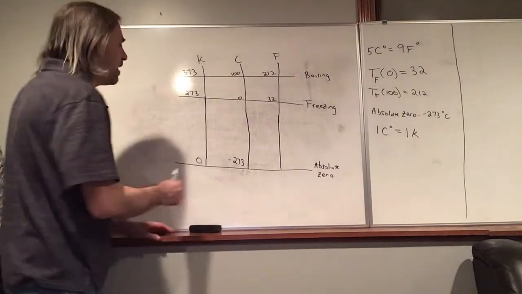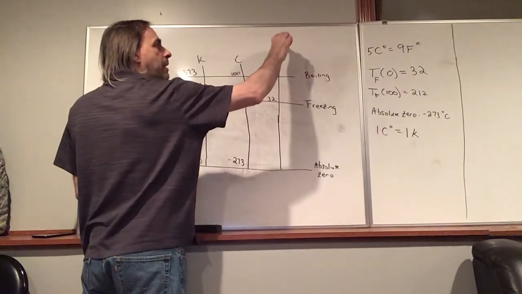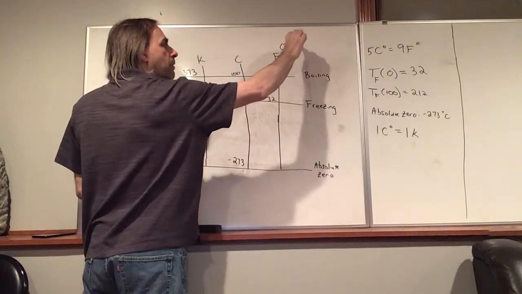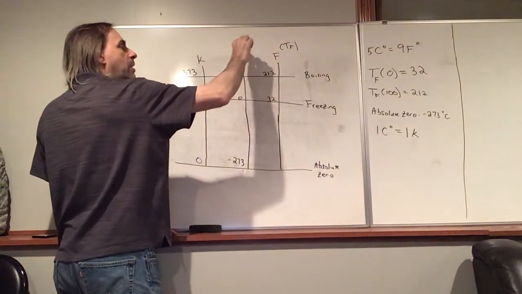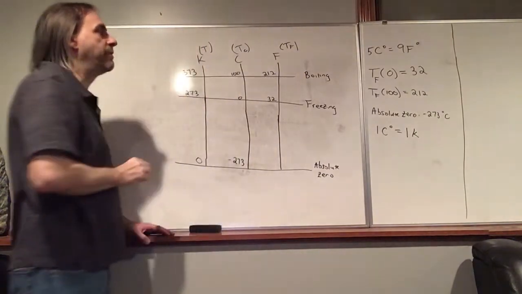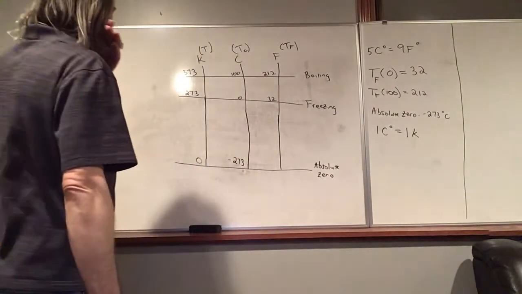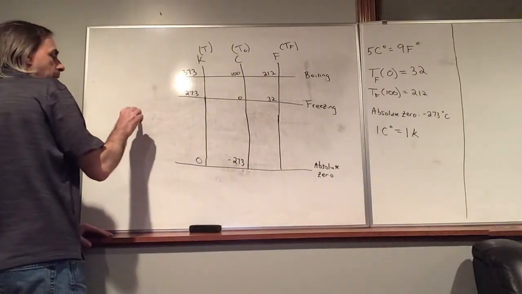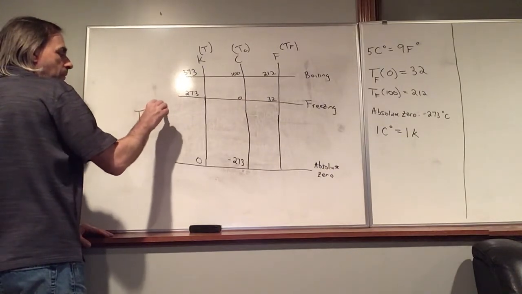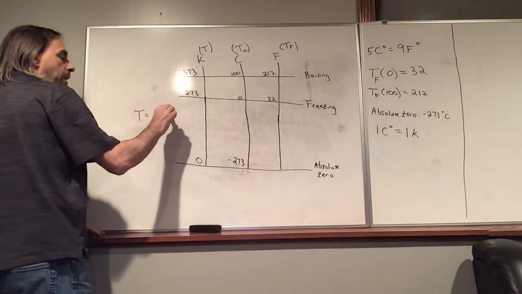We could easily write down an equation. Oh, one more thing. For temperatures on the Fahrenheit scale, we say TF. On the Celsius scale, we say TC. For the Kelvin scale, we just say T. And so we can say T equals TC plus 273.